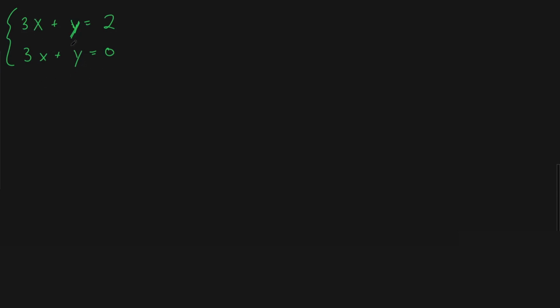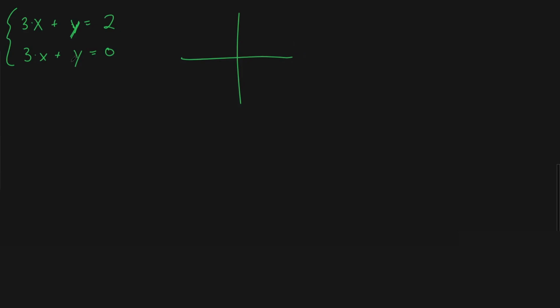Because whatever you pick for x and y, when you plug that into the left-hand side, 3x plus y, there's no way it's going to be equal to both 2 and 0 at the same time, unless 2 and 0 are the same, which they're not. So we should be able to see how this is an example where we have no solution.